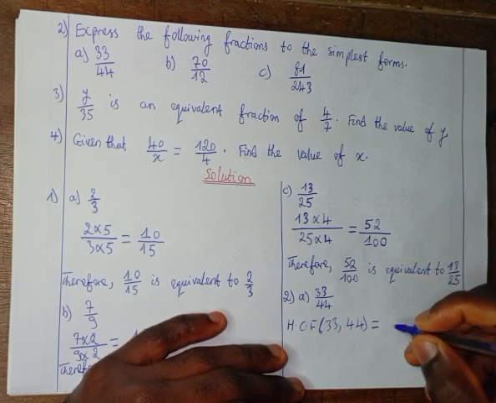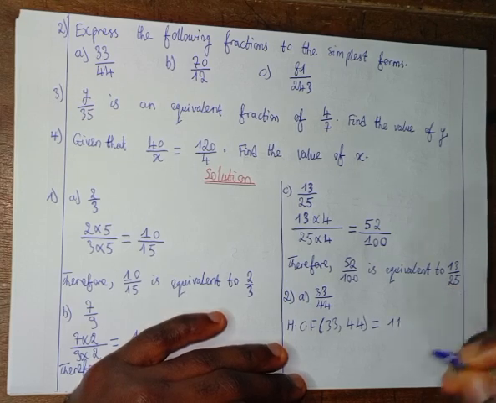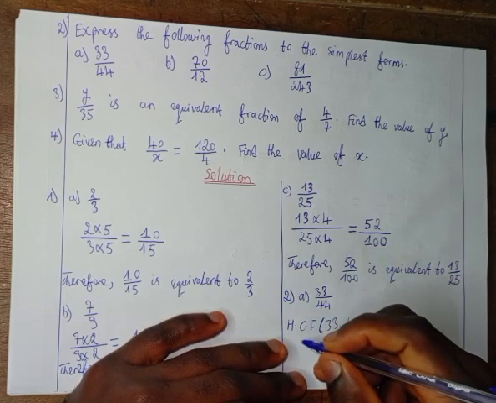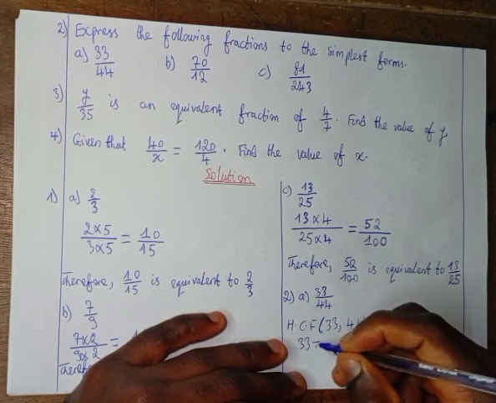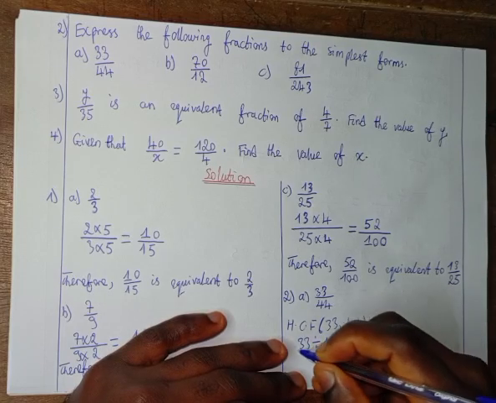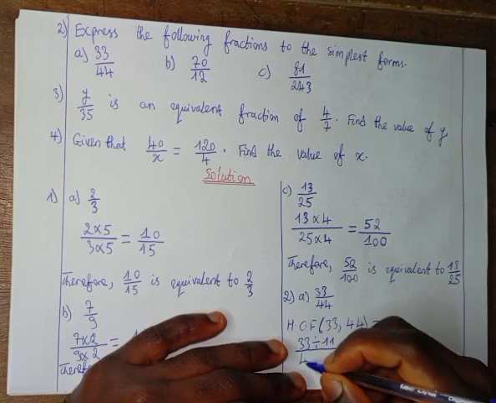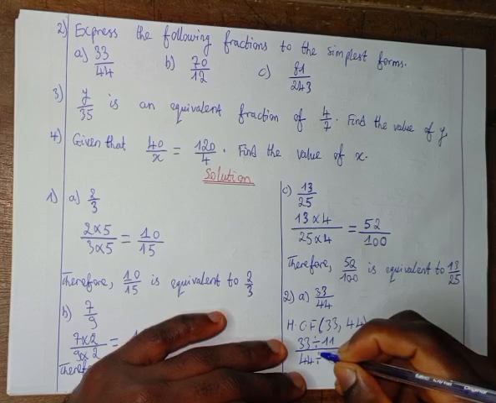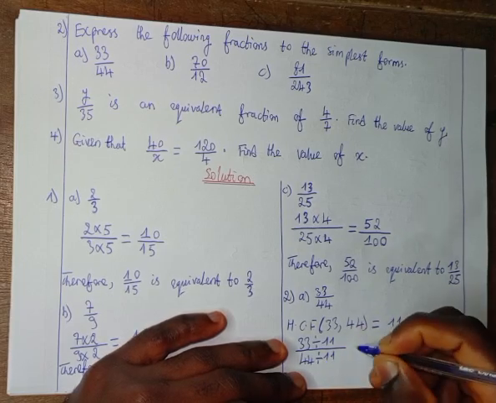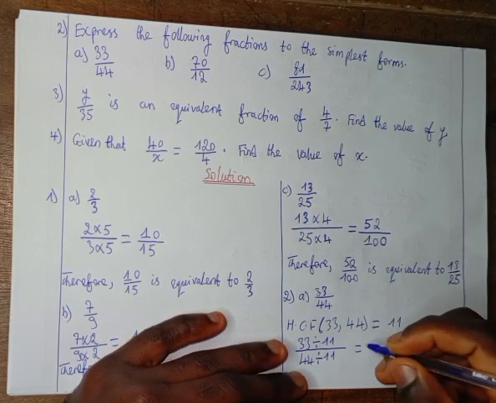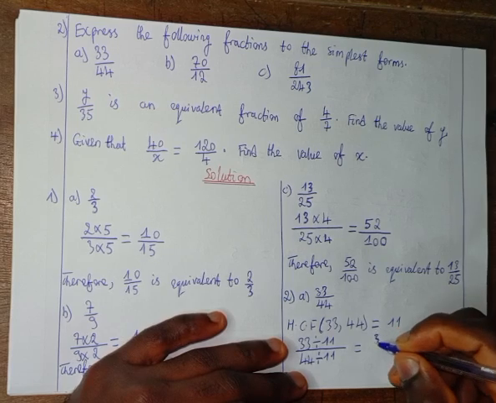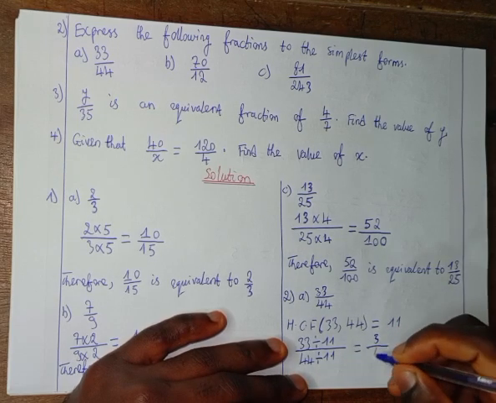Here, the HCF will simply be equal to 11. We divide both the numerator and the denominator by 11. 33 divided by 11 gives 3, and 44 divided by 11 gives 4.